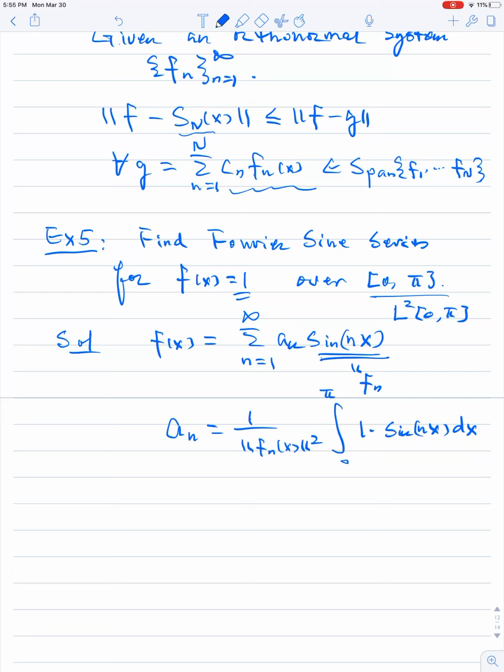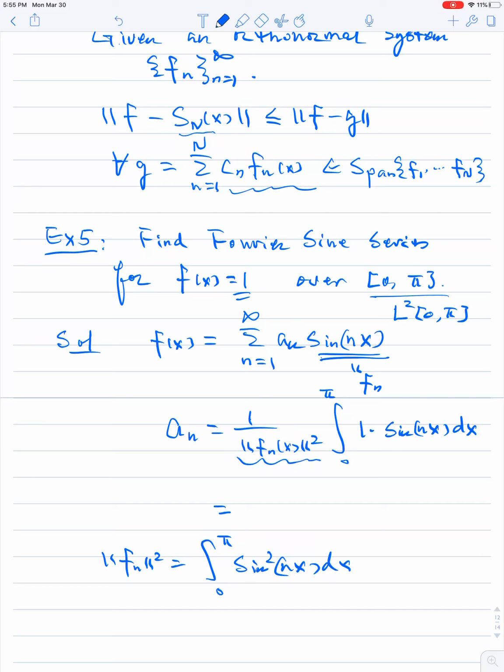Now this norm we already computed. This norm f_n squared is the integral from 0 to pi of sine squared nx.